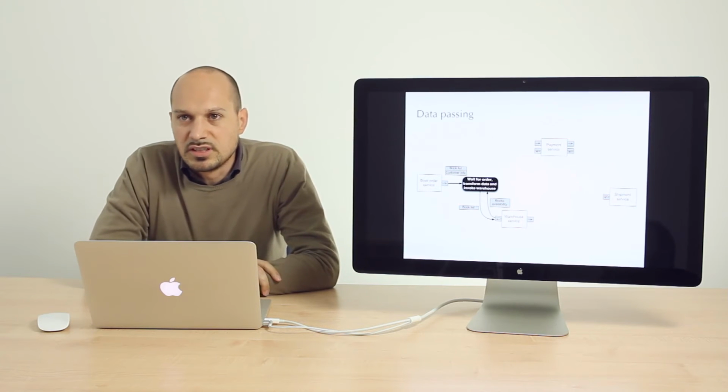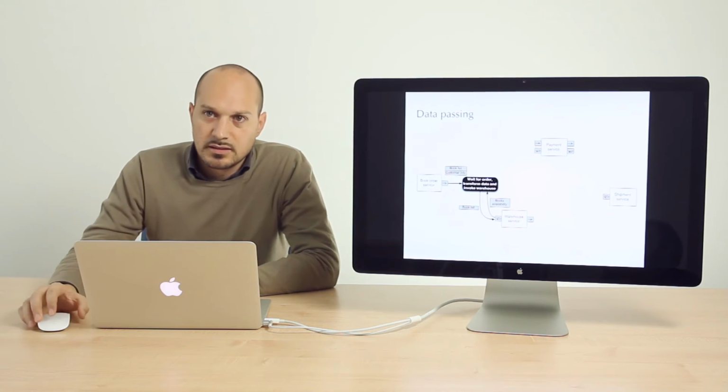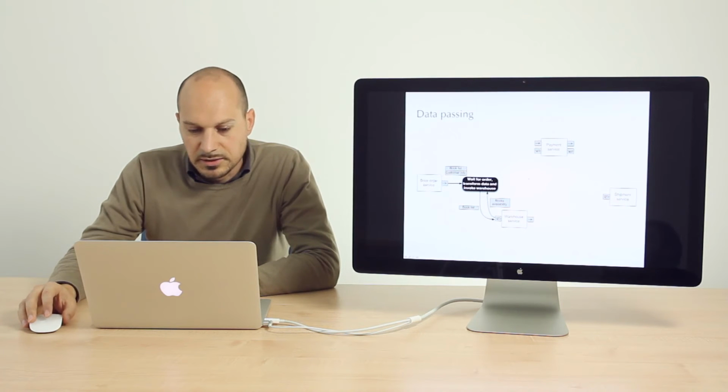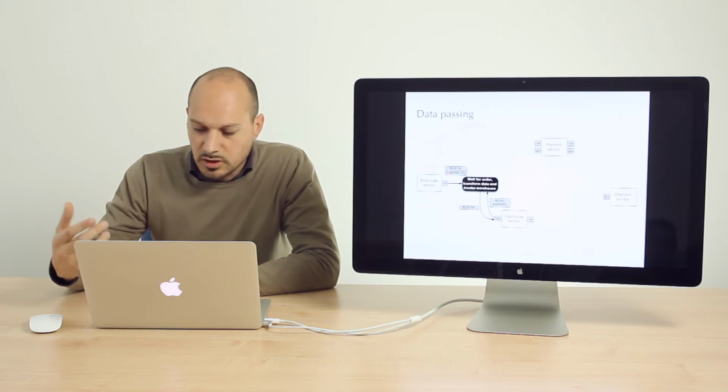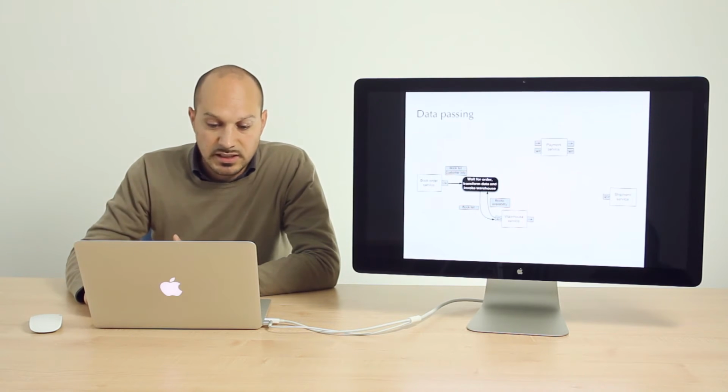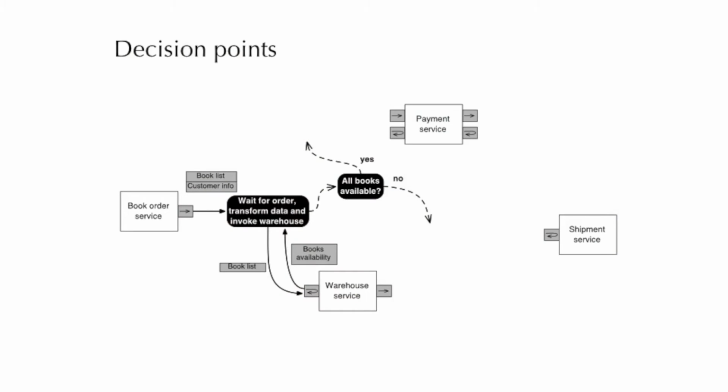We need to decide: if we have all the books in stock, we can just progress. If instead we don't have all the books, then we might have to wait again. So this is called a decision point, meaning we have to decide what to do next depending on some condition that happens during the runtime of the composition.